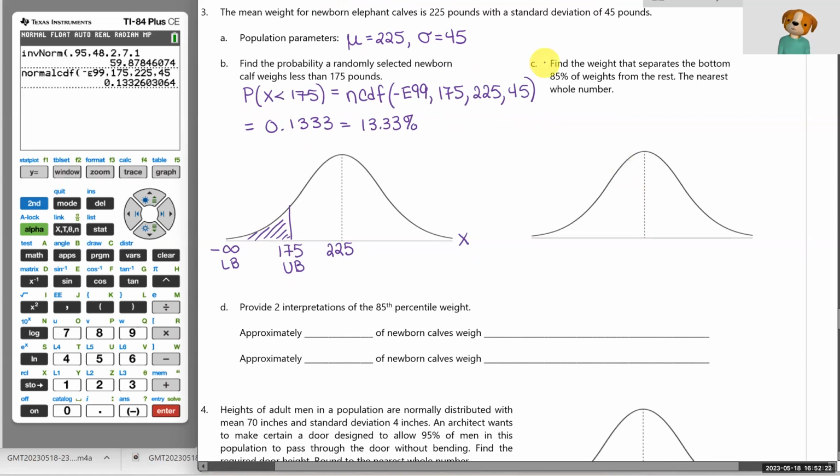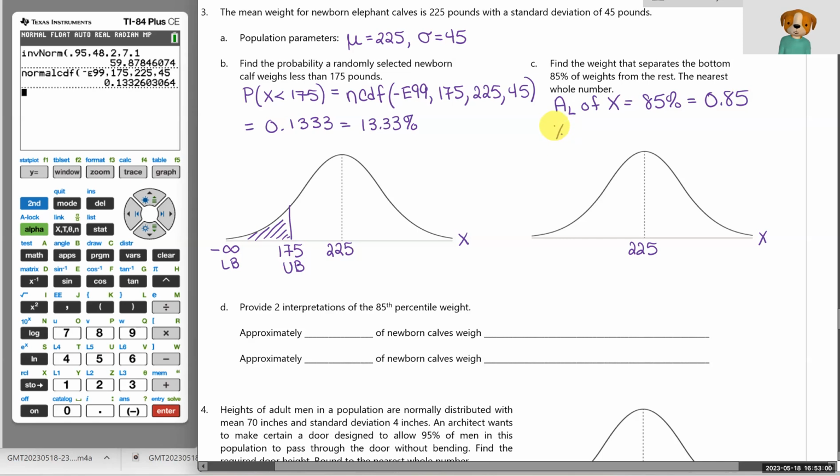All right, C. Find the weight that separates the bottom 85% of weights from the rest. And we will round this to the nearest whole number. So let's put in our x-axis here. 225 is the mean. Now, if we're trying to separate the bottom percentage, that would mean the area to the left, below the unknown value, needs to be 85%, in decimal 0.85.